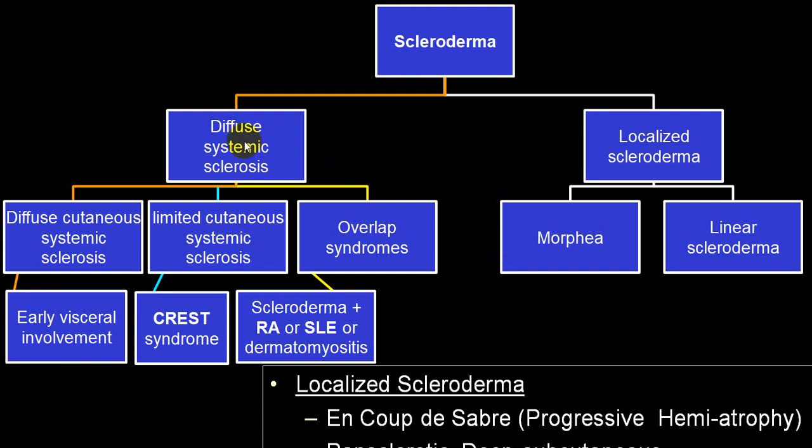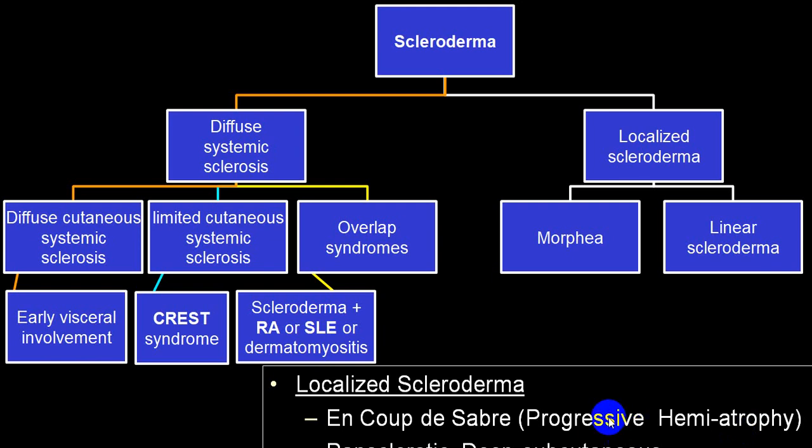So in a diffuse variety, you get diffuse systemic sclerosis, limited systemic sclerosis, and overlap syndrome. While in localized variety, morphea and linear scleroderma. And again, there is one more variety called progressive hemiatrophy. That is called pansclerotic variety and deep subcutaneous variety.